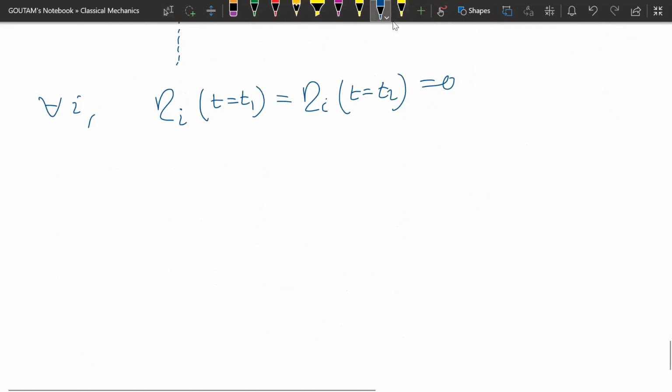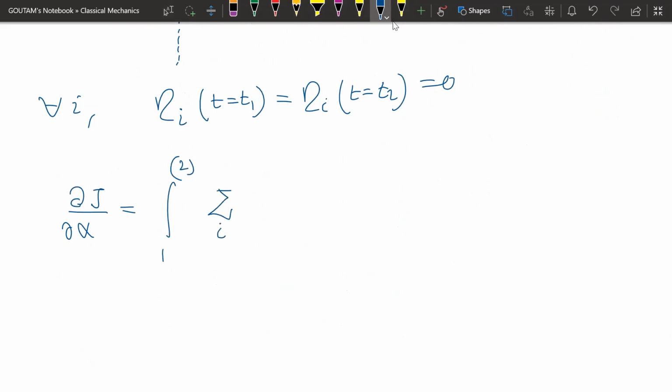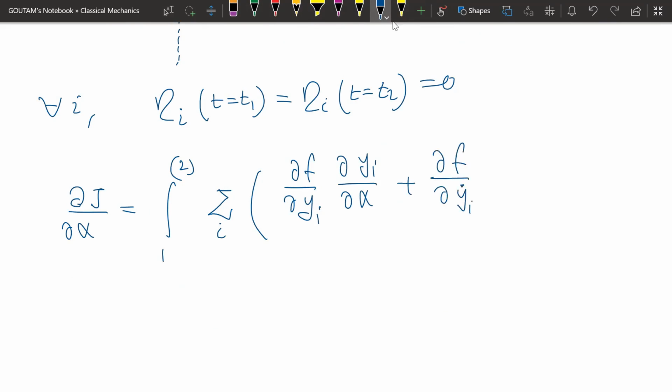Now if we calculate del J del alpha, it is the integral from 1 to 2 of a summation over i of del f del yi times del yi del alpha plus del f del yi dot times del yi dot del alpha, dt.